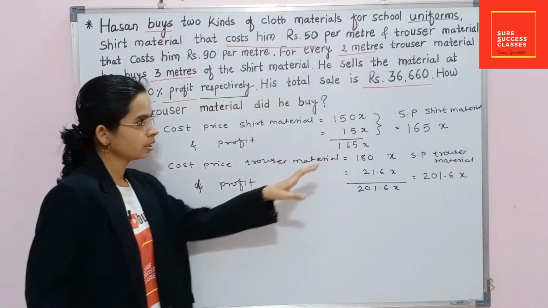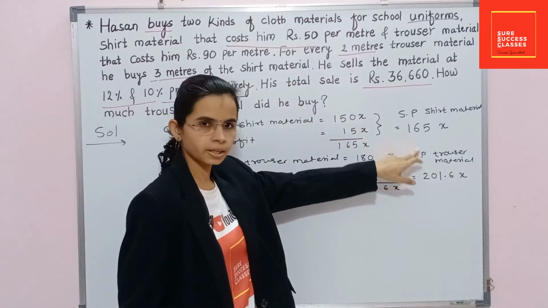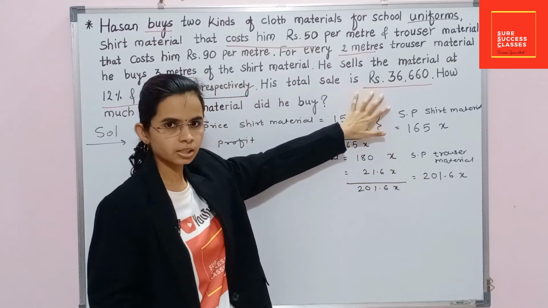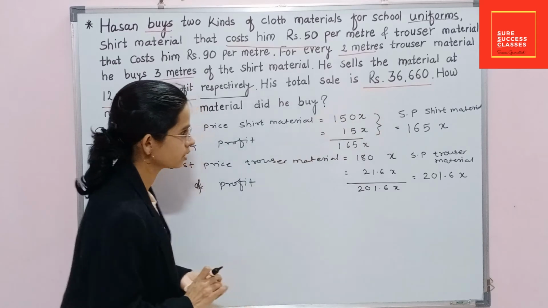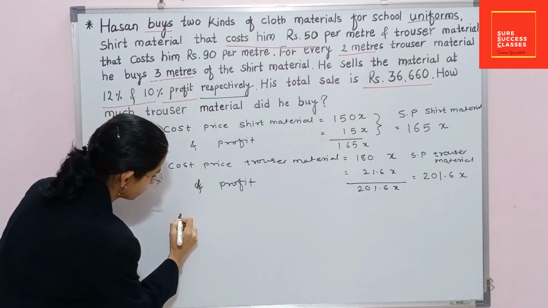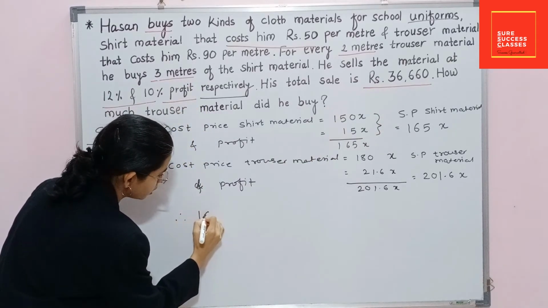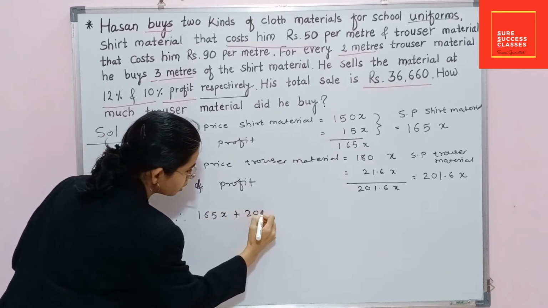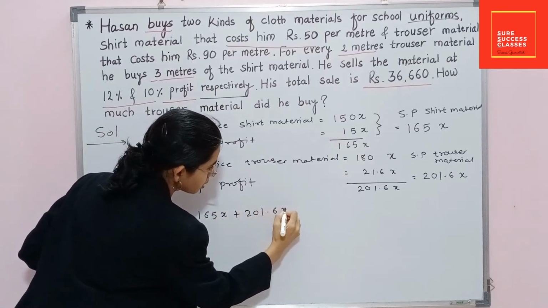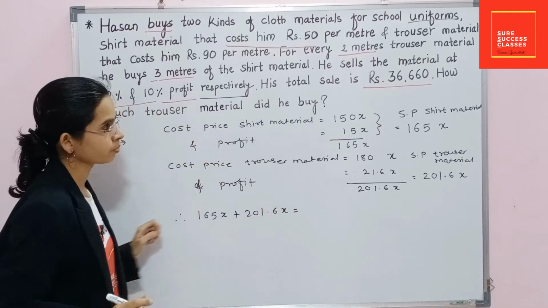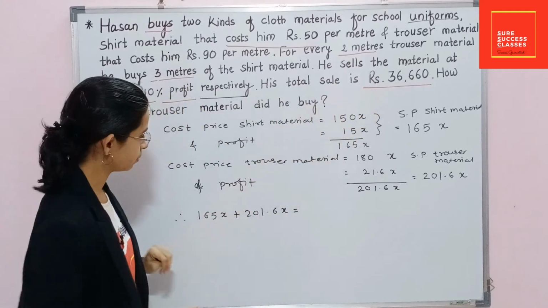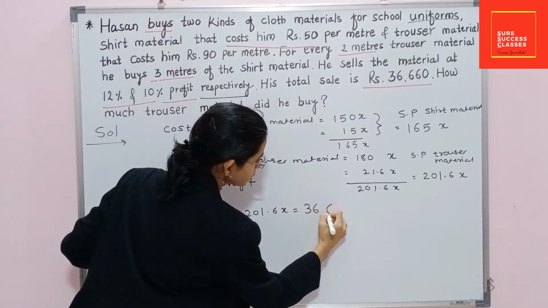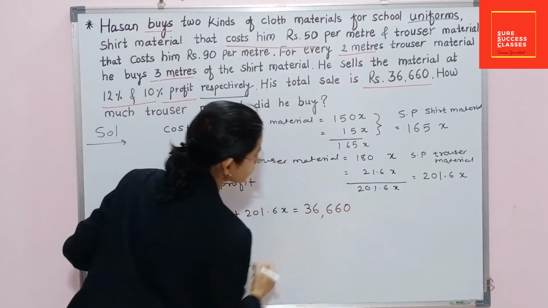And when we add this selling price and this selling price, then we will get this total selling price. So let's add them. 165x plus 201.6x is equal to this selling price, 36,660.